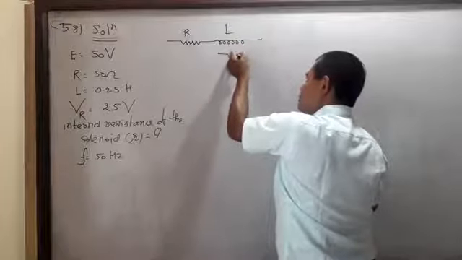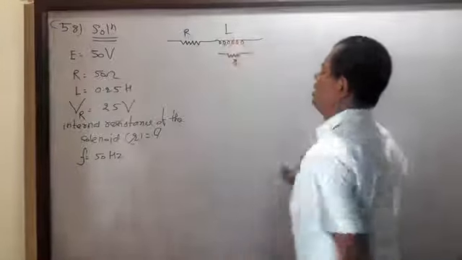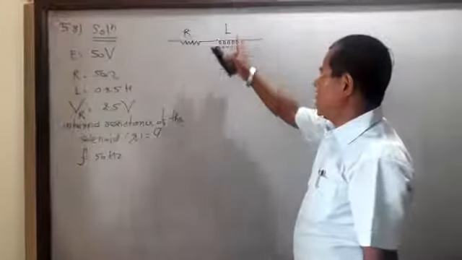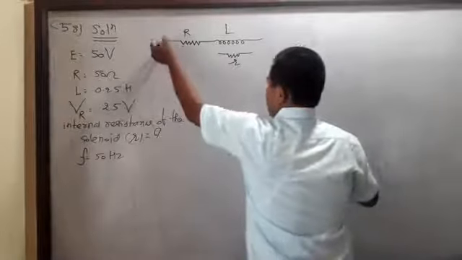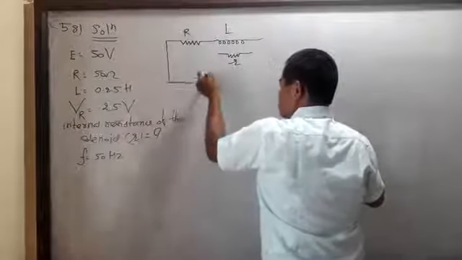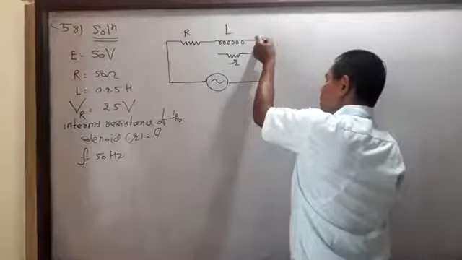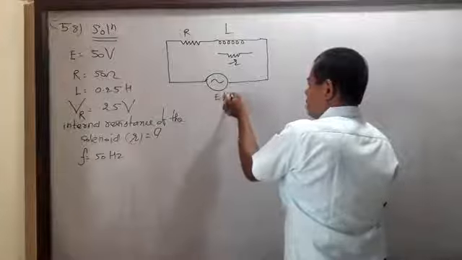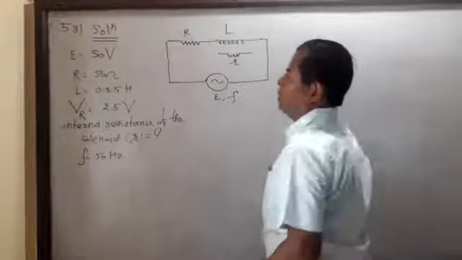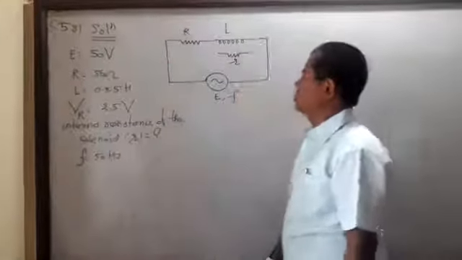This inductor has both inductance and resistance. These two are connected in series with the source of an alternating EMF E, whose value is 50 volt, and the frequency is 50 Hz.